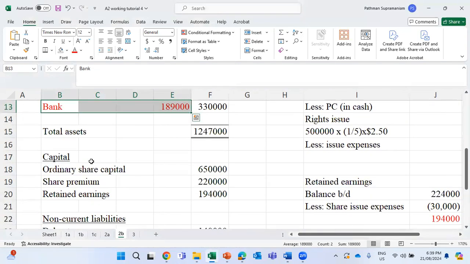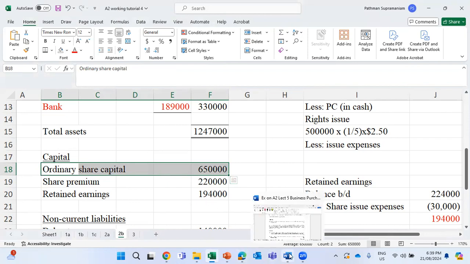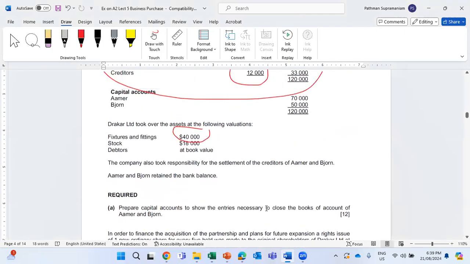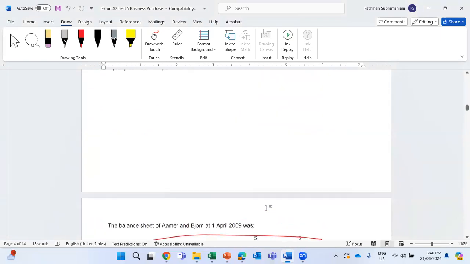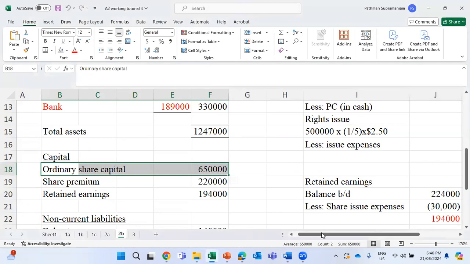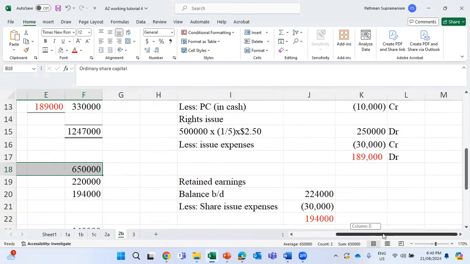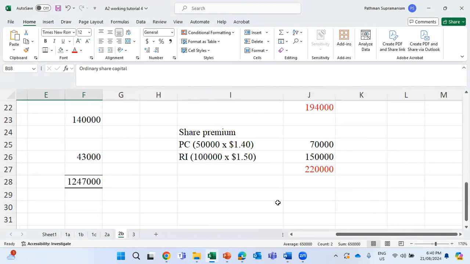Okay. Now, as for the share capital, we have the original 500,000 plus Amir and John. Okay. So Amir and John, 50,000. And the rights issue. Okay.